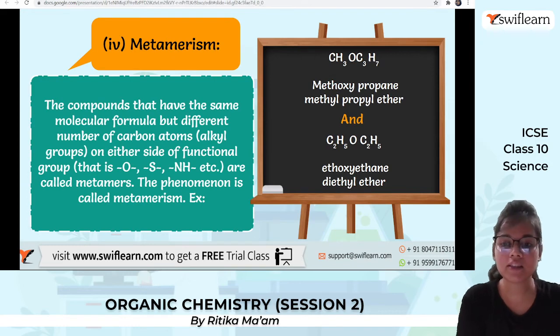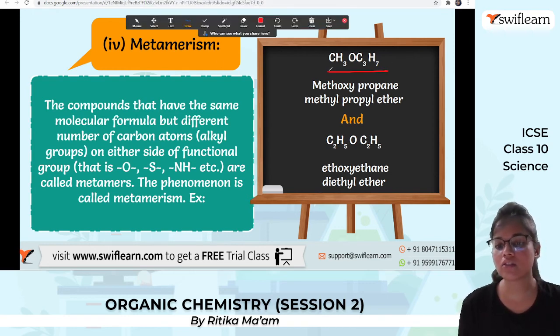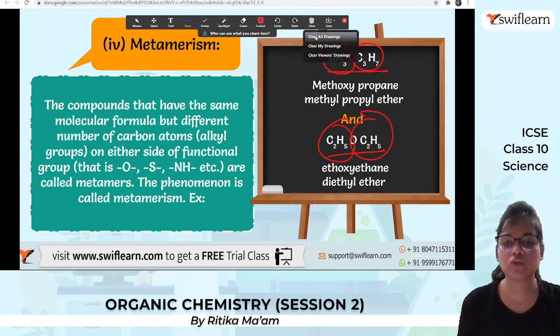And metamerism is where the compounds have the same formula, but the number of carbon atoms is different on each side. For example, both of these are ethers, right? This is also an ether and this is also, but the number of carbon atoms on this side and on this side is different. So that goes for metamerism.